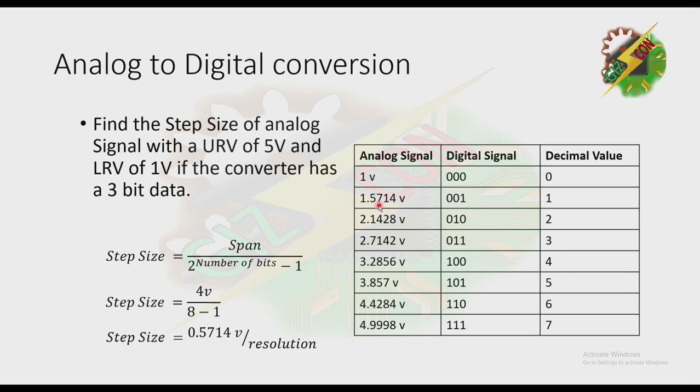Then 1.5714 volts has an equivalent digital signal of 001, and so on. The digital signal is the signal that can be understood by the computer, while the decimal value here is for human interpretation.